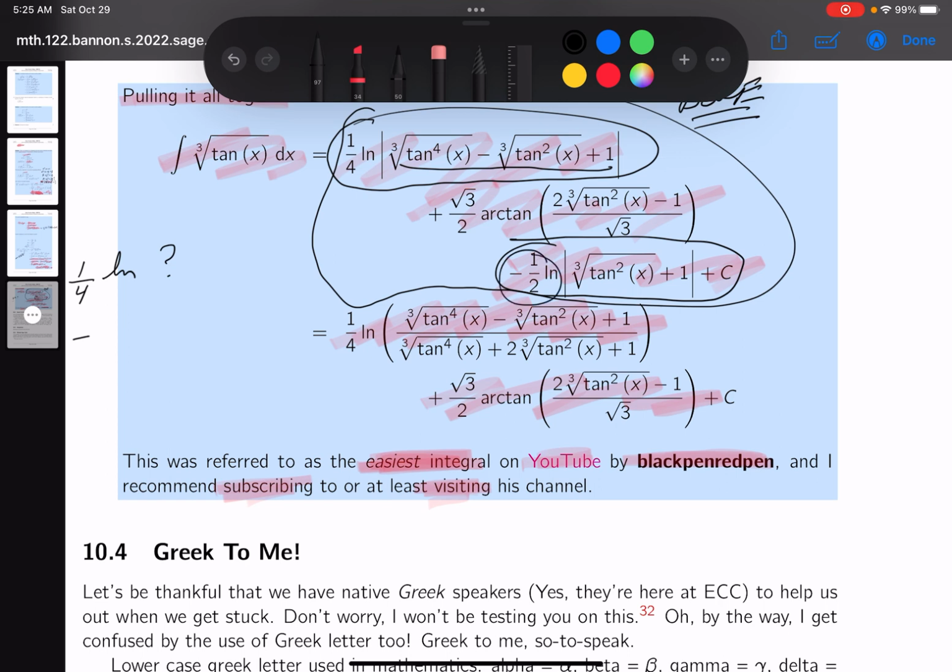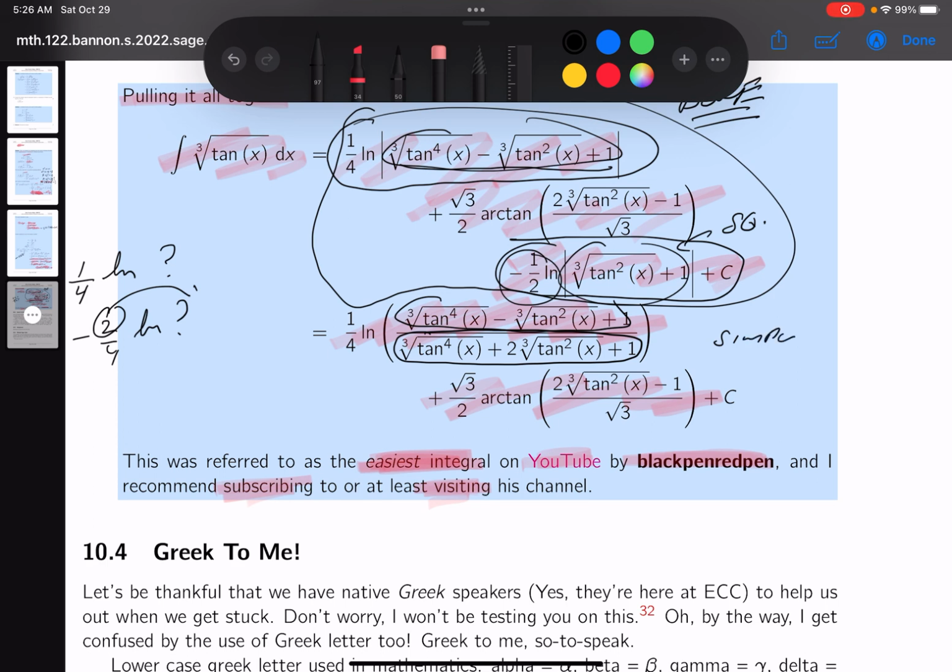What would it be? Minus 2 quarters, ln, the question over here. And what I did was over here, I pulled this 2 up here, and I squared this. That's where this is coming from. I'm squaring that guy, which is not difficult to square. It's an easy square problem. And then this thing is just this top over here. That's all I did over here. I consider it to be a simple form.